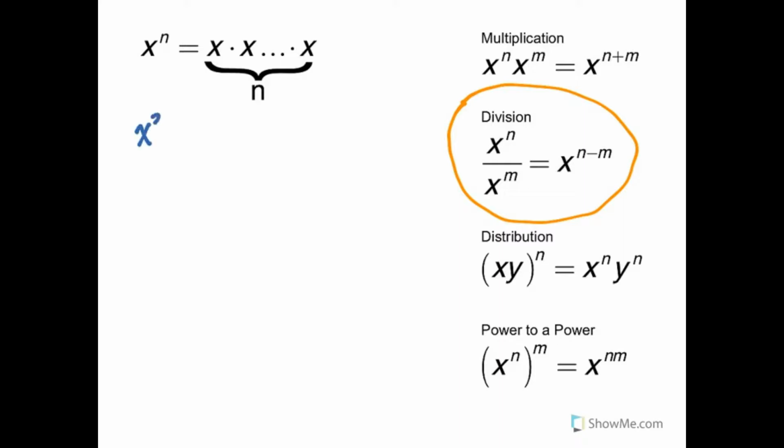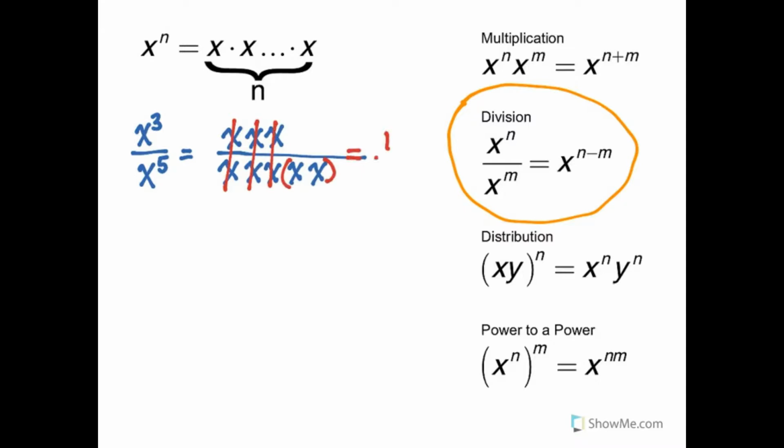If I have an expression x to the third over x to the fifth, and I'd like to simplify it, I'm going to have 3 copies of x on the top, 5 copies of x on the bottom. When I cancel, remember canceling leaves a 1 behind, the expression is 1 over x squared.